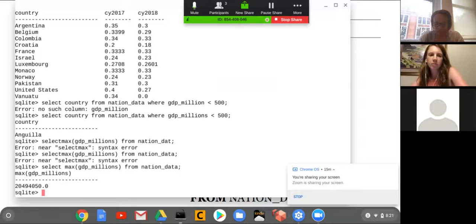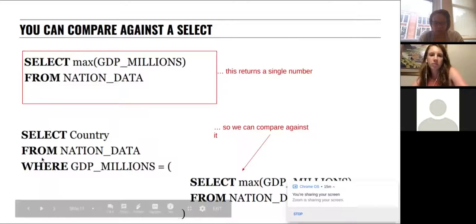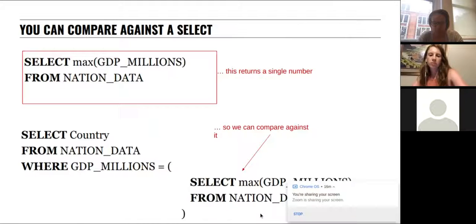And that's just one value. It's one row, one column. So it's perfectly legitimate for us to compare that or do an equal sign comparison or a greater than comparison to that value. So you'll notice in the second query here, it's quite a long query. I'm doing a select country from nation data where GDP millions is equal to, then open brackets, and then in that I've got that select statement.